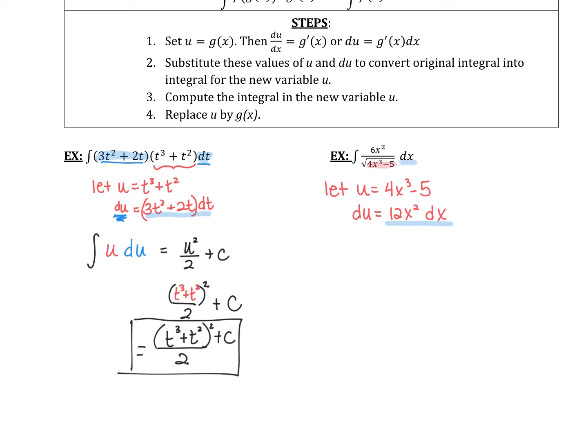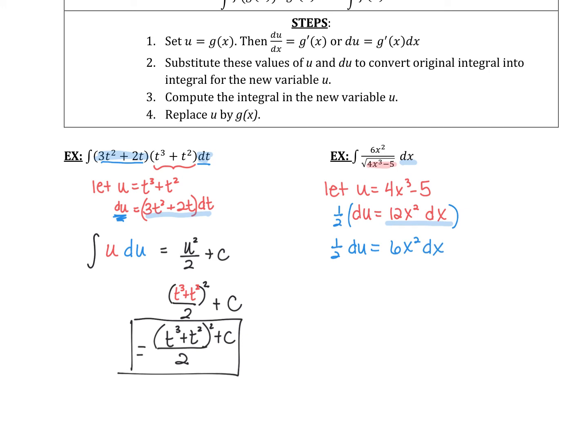I even see the x squared part, but the problem is it's not quite right. This is a little bit off. So what I'm going to do now is multiply this entire expression, this du, by 1/2. So we would get 1/2 du equals, well, half of 12 is 6x squared dx.